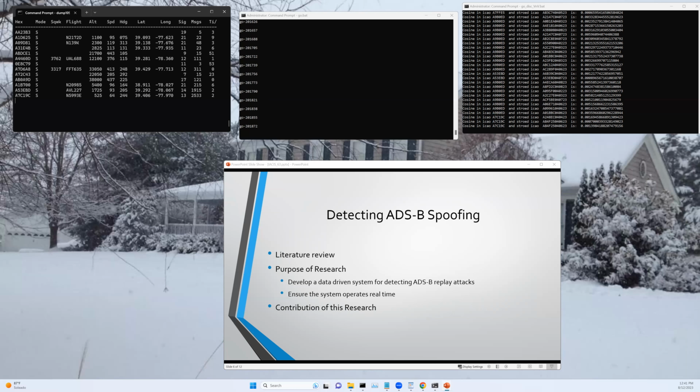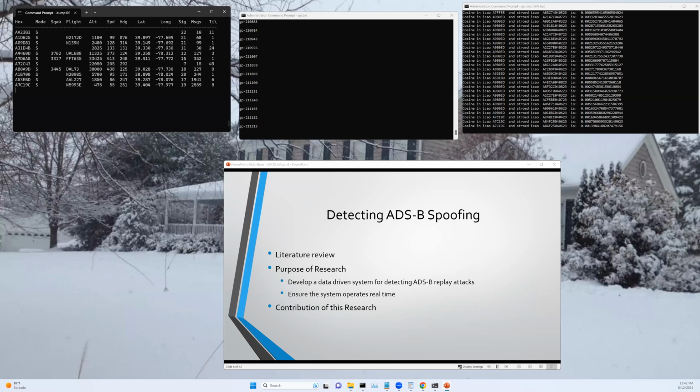There are proposals for a data mining approach to detect an ADS-B spoofing attack. Valid ADS-B messages are used to train a neural network, which is then used to discover irregularities in incoming message sequences. The model then detects that those changes are not legitimate.